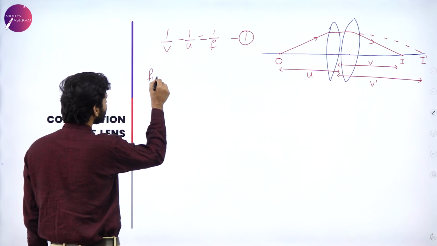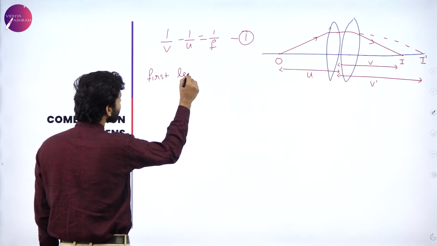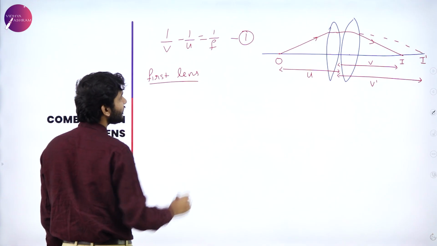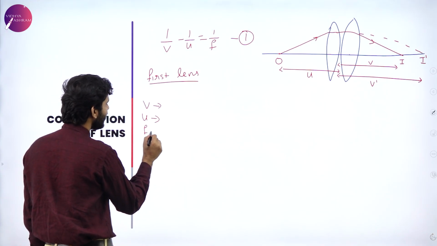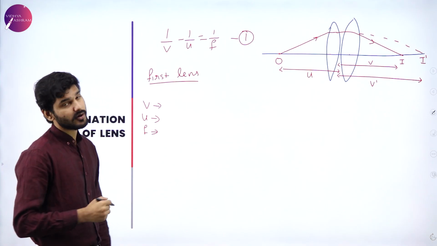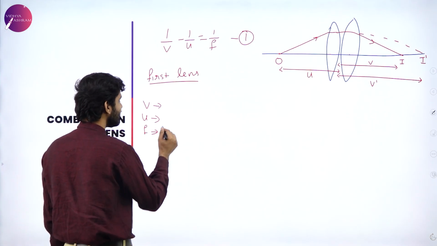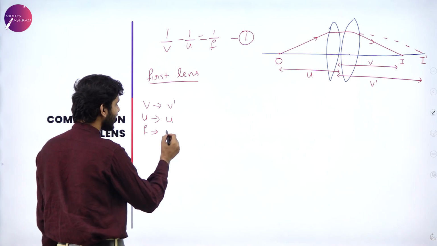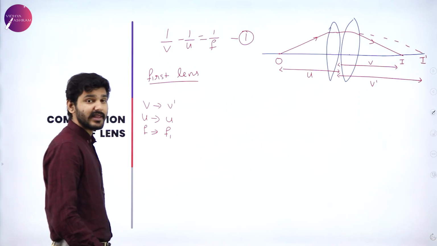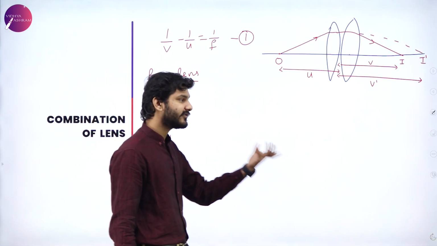So when we are considering the first lens, what will V become? What will U become? What will F become? That is the first thing we are going to find out. Again, for the first lens, U is nothing but U, V will become V dash, and F, let us call that F1, the focal length of the first lens.